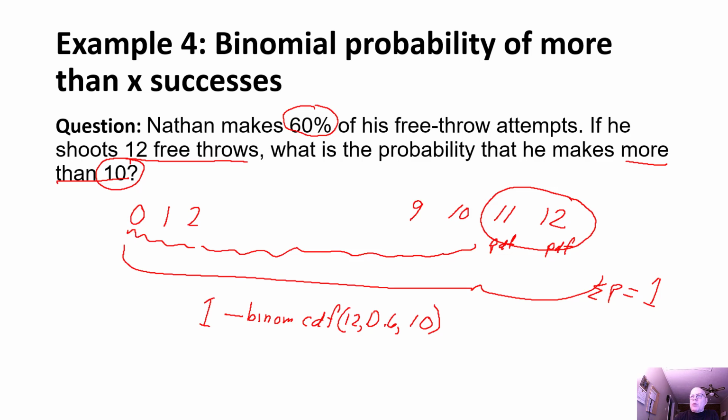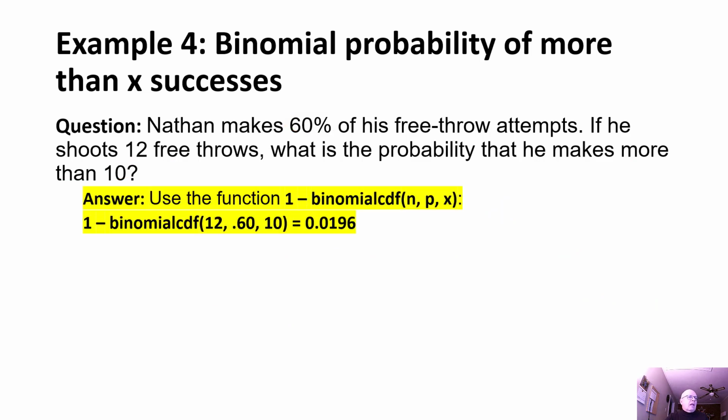That'll leave me with the probability of 11 or 12. That's very handy. Don't make a mistake and lose that. So here we go. It's exactly what I told you. And a little reminder of N, P, and X.